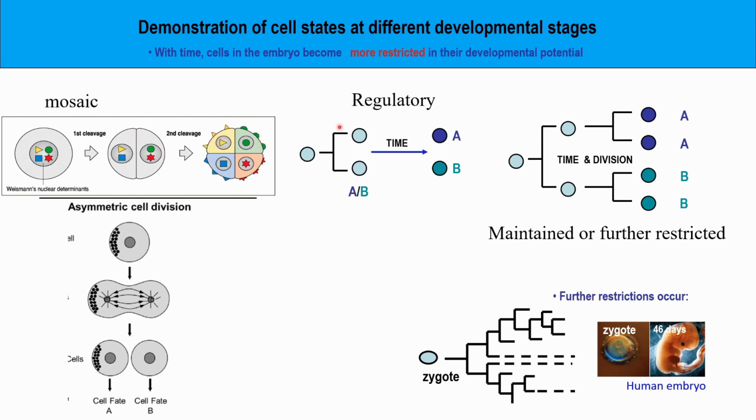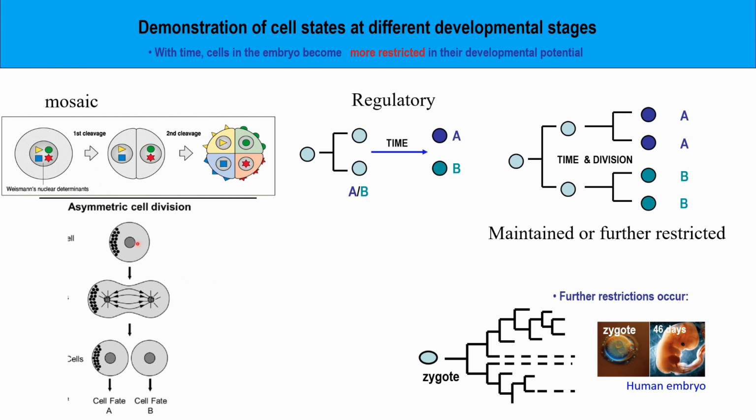Regulatory was more that after a division, the cell has the possibility to become one type of cell or another, and it's interactions between the cell and its surroundings that will give rise to, or influence, their choice of fate. In both mosaic and regulatory cases, these fates could be maintained over several rounds of division, or they could become further restricted as the cell proceeds towards a differentiated state.